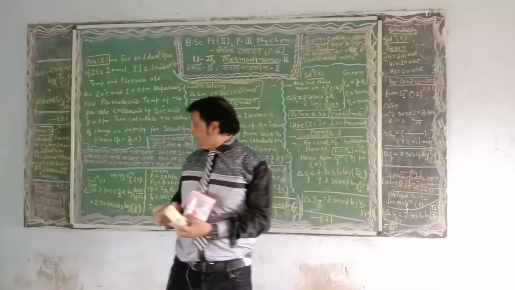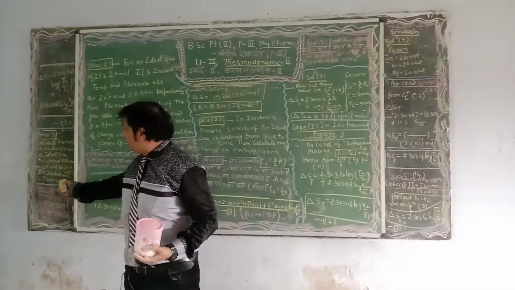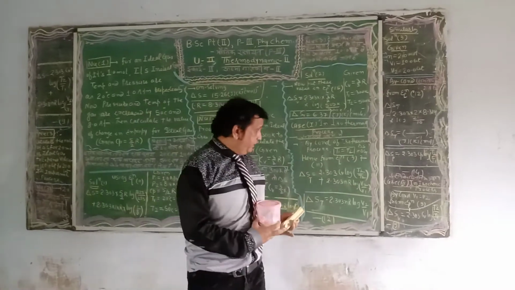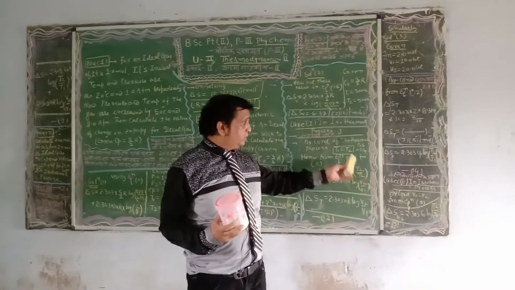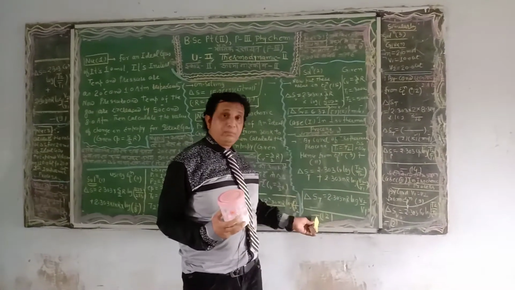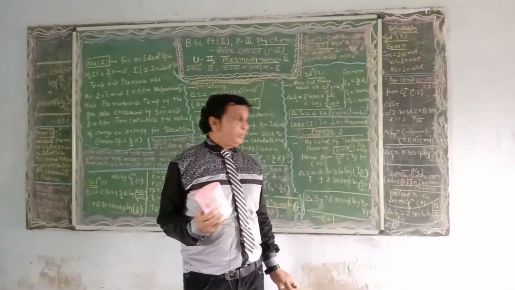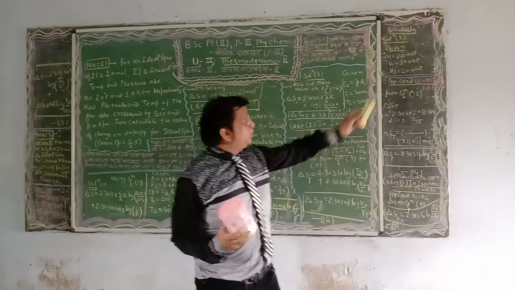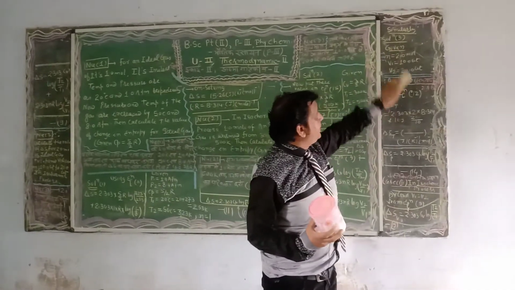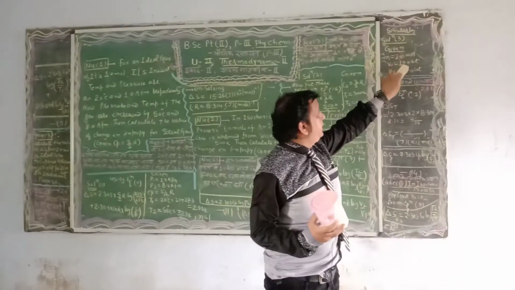You know the system is undergoing an isothermal process, meaning T1 will be equal to T2. You have to apply the fundamental equation of change in entropy in an isothermal process, equation number 12, and n is equal to 2 moles here.